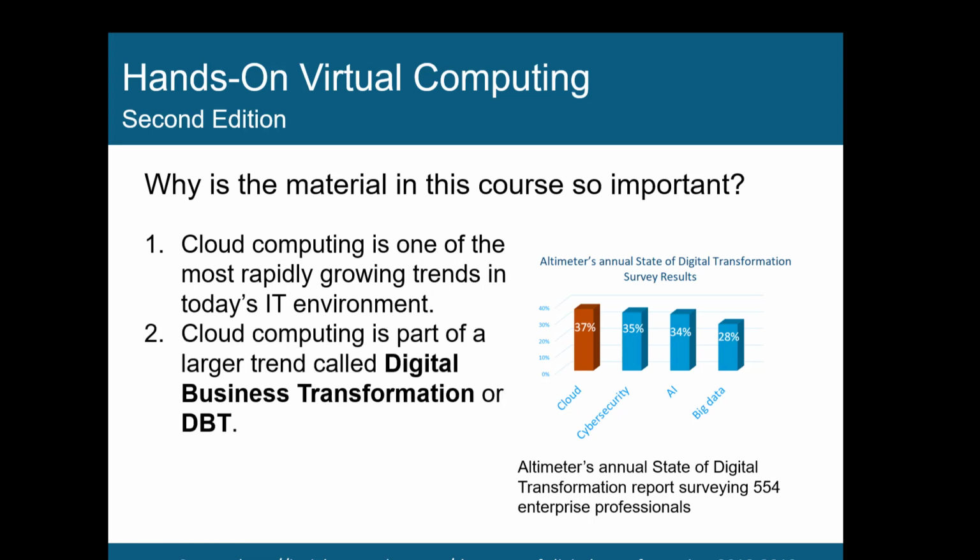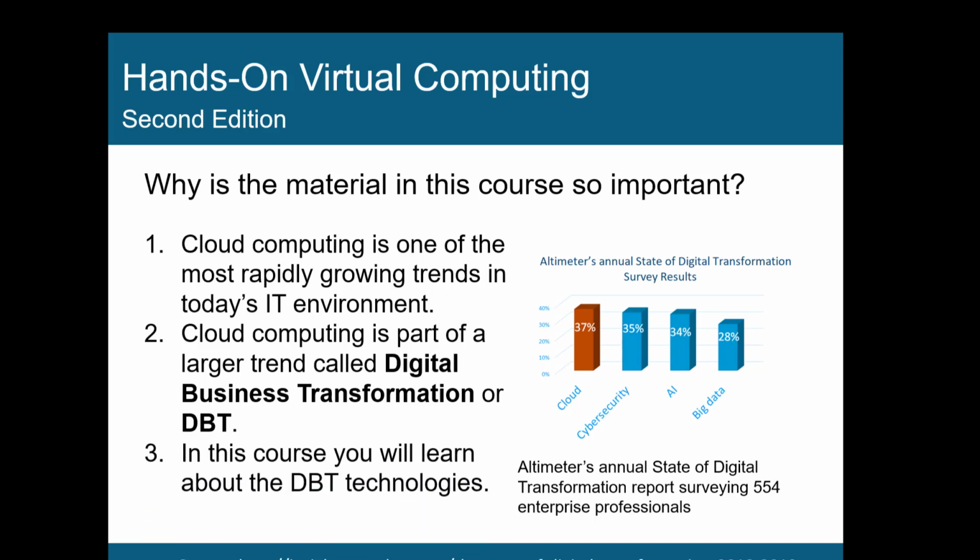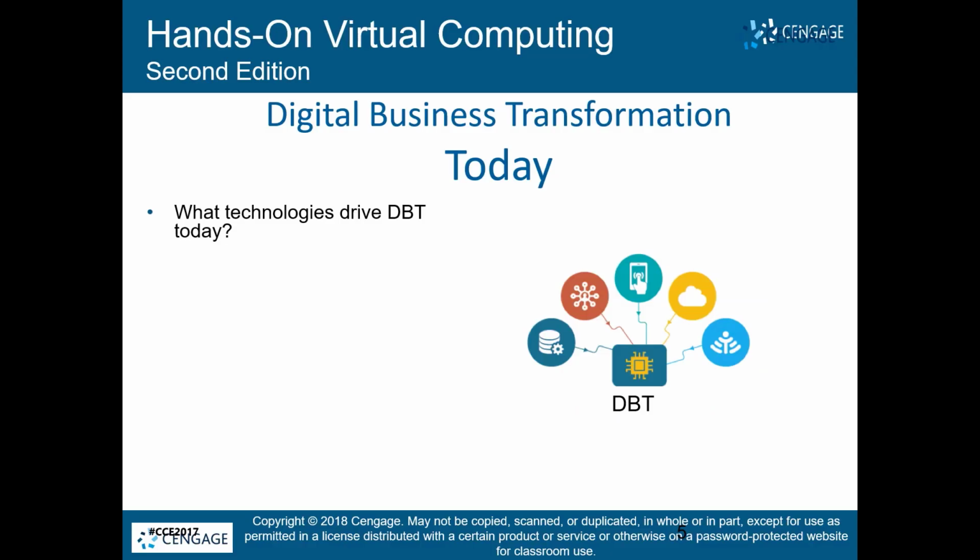So cloud computing is part of this larger trend, which we call digital business transformation, or just digital transformation. And in this course and textbook, you will learn about many of the DBT technologies in use today.